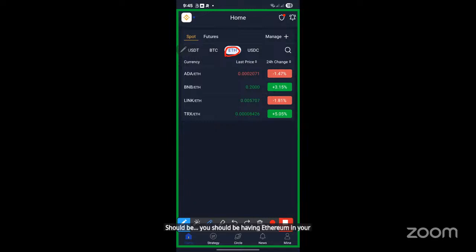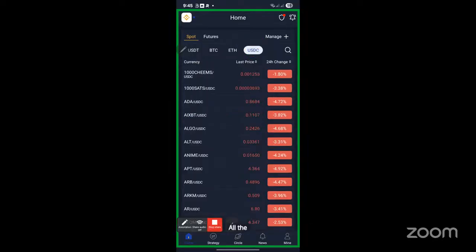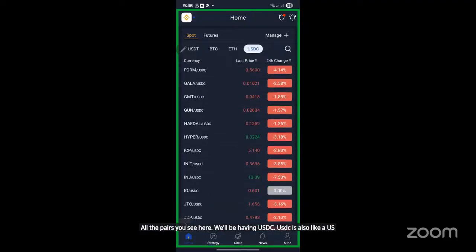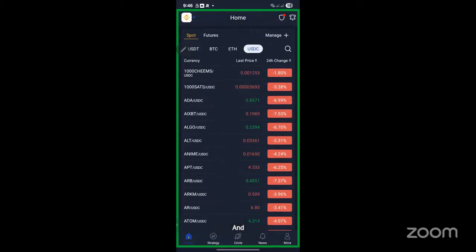So when you tap on Ethereum, being a base currency, all the pairs you see here will be paired with Ethereum. When you tap on USDC, all the pairs you see here will be having USDC. USDC is also like USDT, and they have an equivalence of $1.